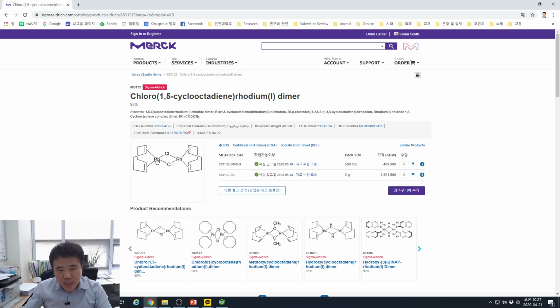So as you can see, rhodium has two cyclooctadiene ligands. 1,5-cyclooctadiene has two double bonds. These two double bonds coordinate to the transition metal to make the complex.